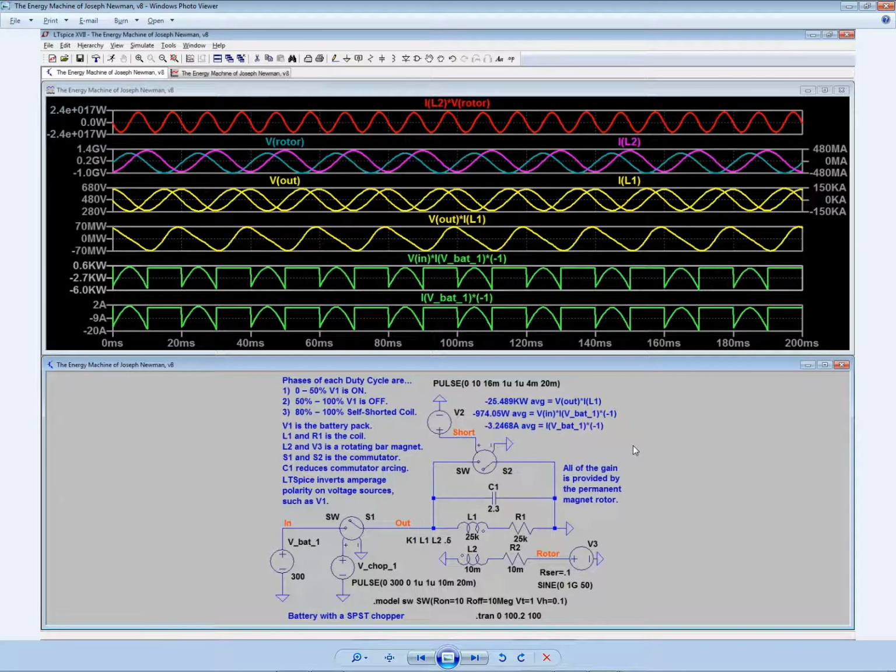The volts on the coil is taking care of that. So, I mean, it's already, actually, yeah, it's already a perpetual motion machine, but it's a mechanical self-perpetuating machine, not electrical. The electrical is just the side benefit. It's the consequence of the rotating bar magnet working in conjunction with the coil and the commutator.